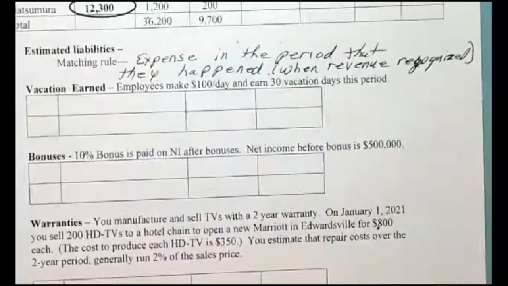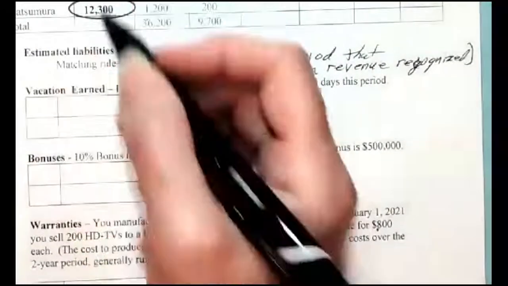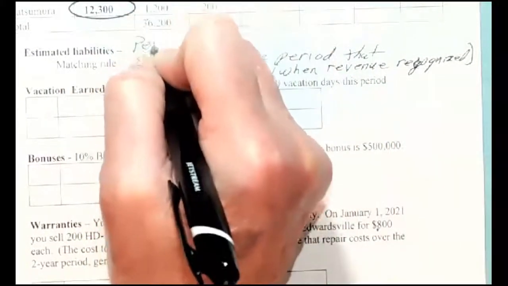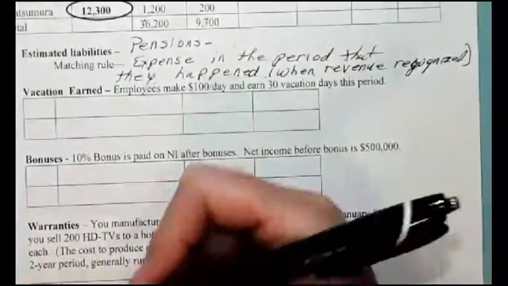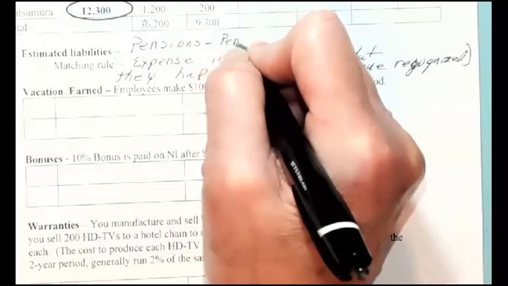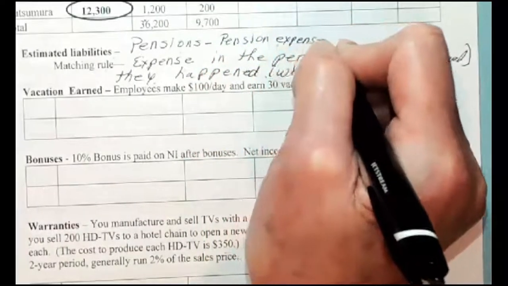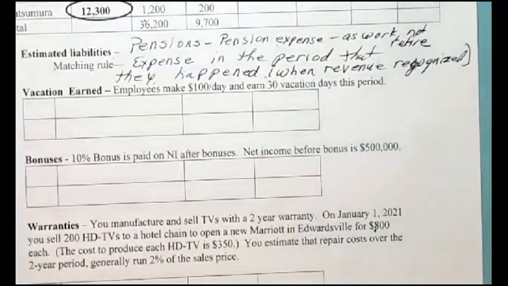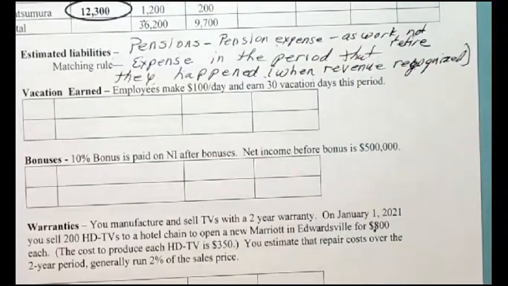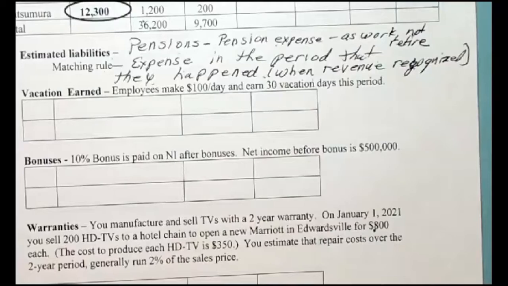Some of these are really complicated dealing with payroll. For example, one of the big ones is pensions. You're going to recognize pension expense when the people work, not when they retire. Because the only reason you have to pay them when they retire is because they work today.